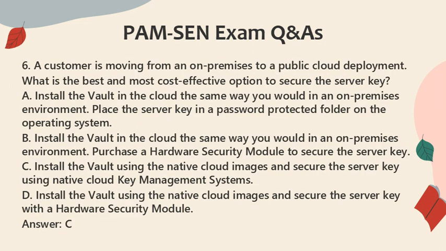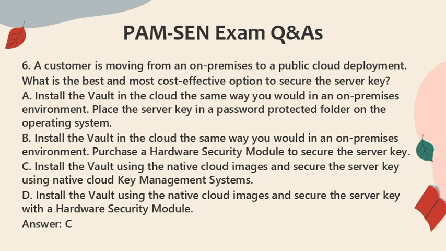6. A customer is moving from an on-premises to a public cloud deployment. What is the best and most cost-effective option to secure the server key? A. Install the Vault in the cloud the same way you would in an on-premises environment. Place the server key in a password-protected folder on the operating system. B. Install the Vault in the cloud the same way you would in an on-premises environment.